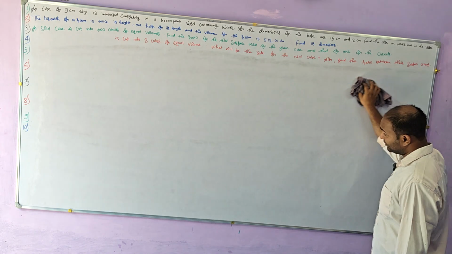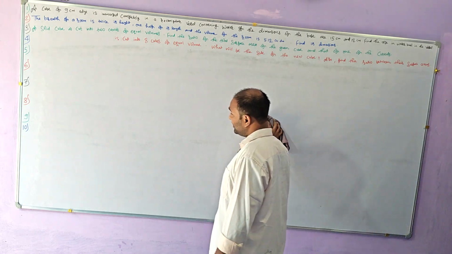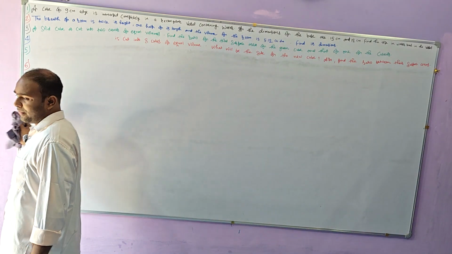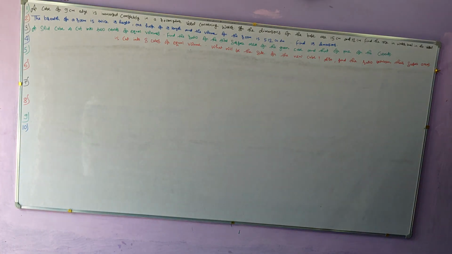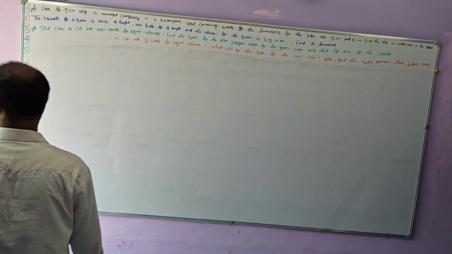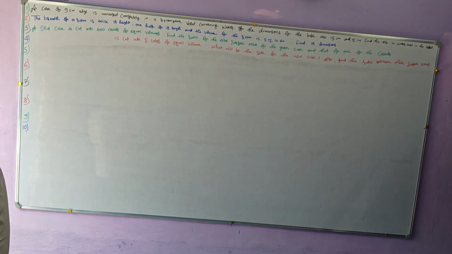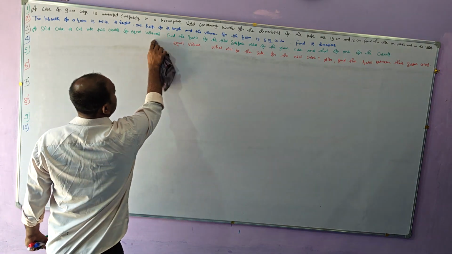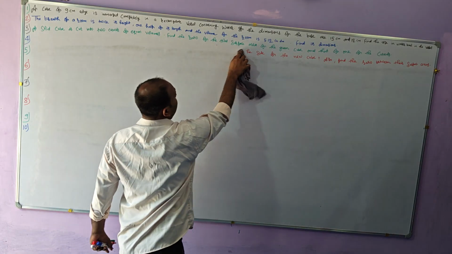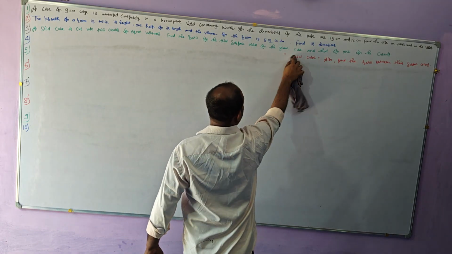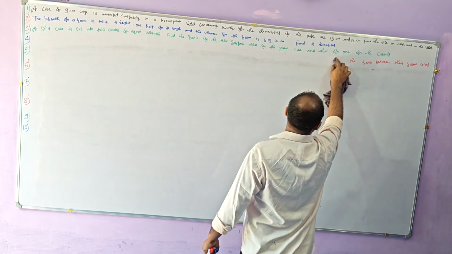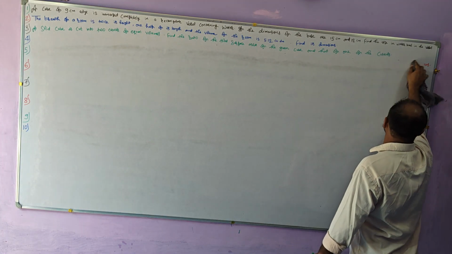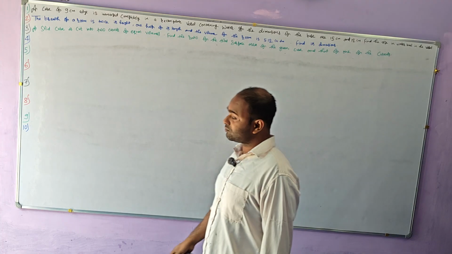So there is just a change in height. There is no change in length and breadth, just change in height. So find the ratio of the total surface area of the given cube and that of one of the cuboids.